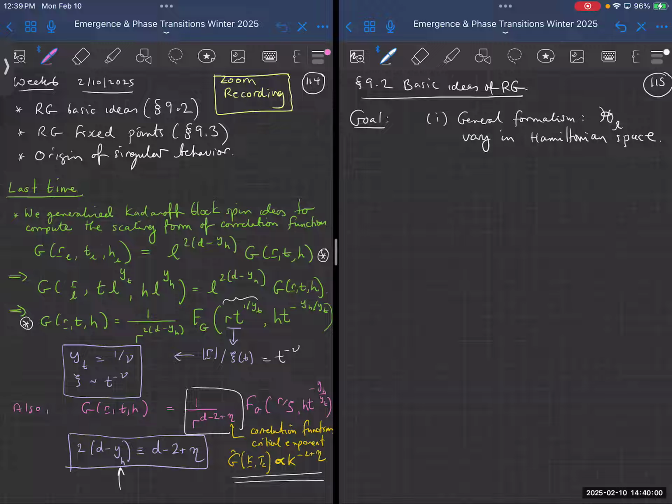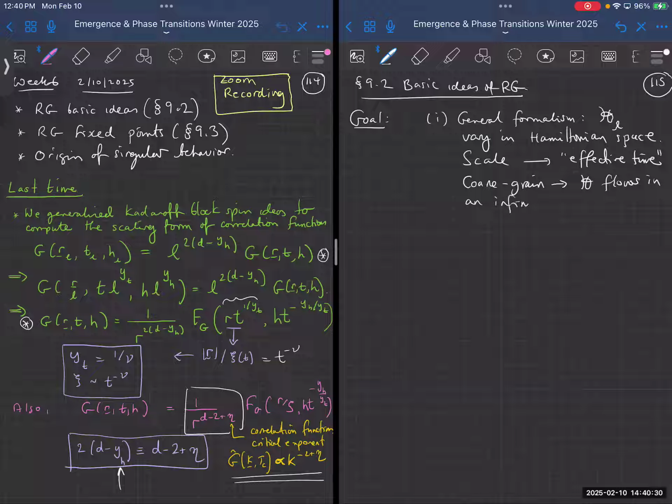We're going to think of scale as like some effective time. And we're going to see that as we coarse grain a system, the Hamiltonian flows in an infinite dimensional Hamiltonian space.